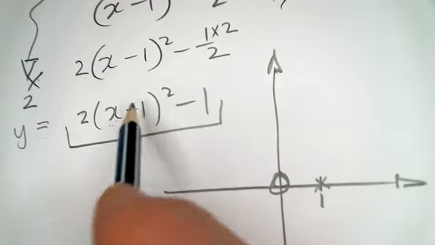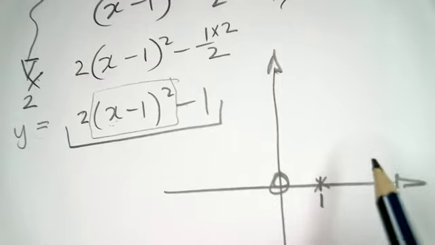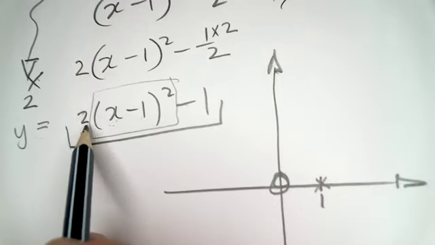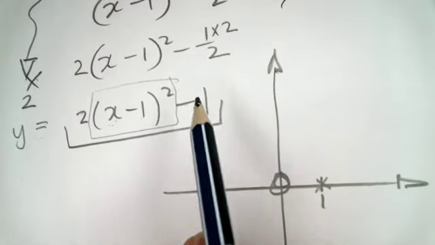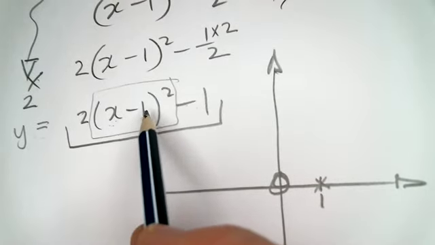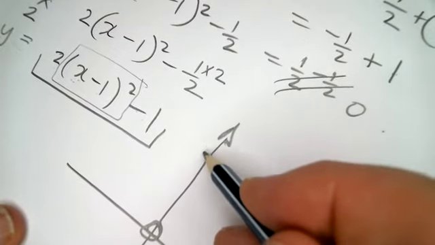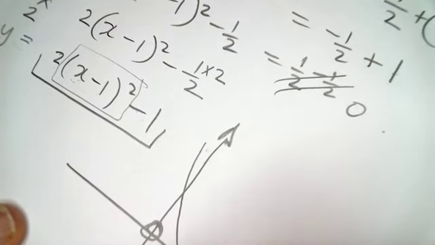So that is this bit here. And again, we're only looking at this bit here. We're not worried about the 2 or the −1. The 2, by the way, just makes it really steep. The −1 drags the whole thing down 1 unit. But we do know it's centered around 1. So here it is. It's going to be centered around 1. It's going to look something like this here. It's going to turn around.